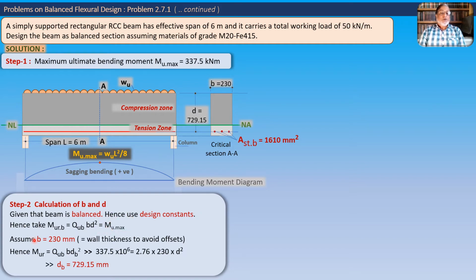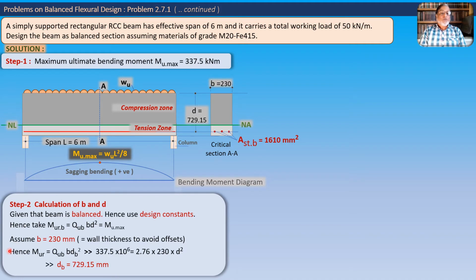So the calculation of B and D will be done by equating Mu R to Mu max. The ultimate moment of resistance of the beam will be equated to the highest possible bending moment to which the beam is subjected. Now, here we find there are two unknowns, B and D, in the equation.